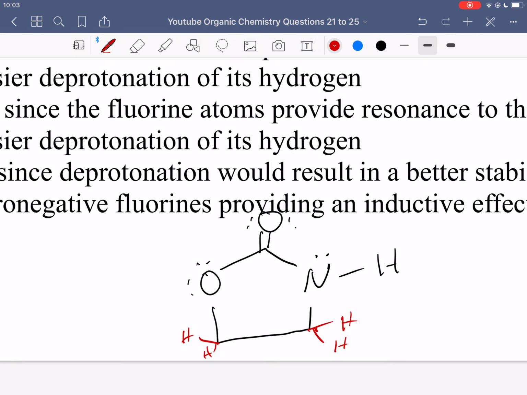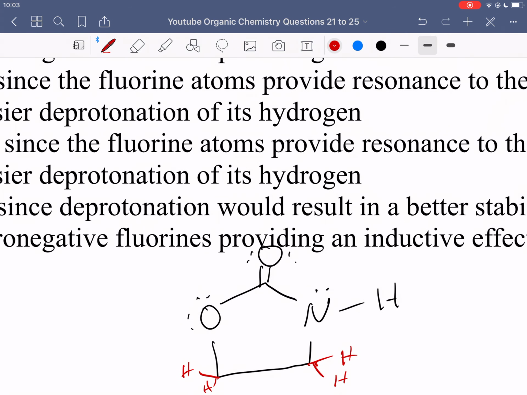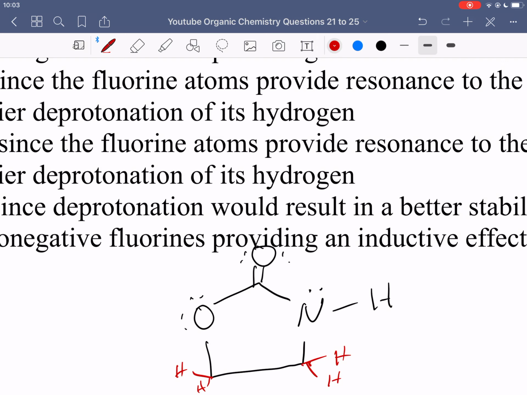So when we're talking about acidity, that means that we are discussing the ability to lose a hydrogen, and the most likely hydrogen that we're going to be talking about is this hydrogen over here that's attached to the nitrogen. So we're not talking about acidity in terms of the hydrogens that are bonded to carbons, because just logically, based on your knowledge of how acidic hydrogens are, you should know that the ones bonded to carbons are really not that acidic.